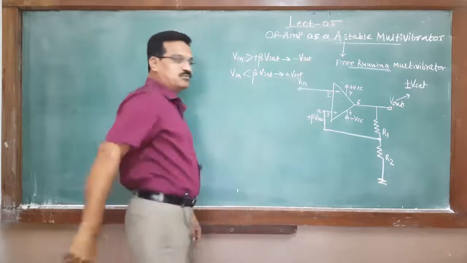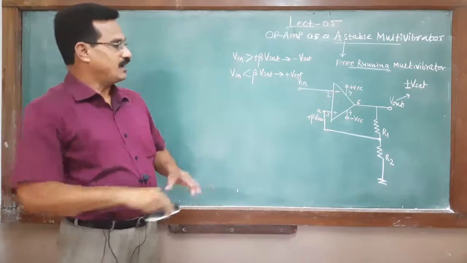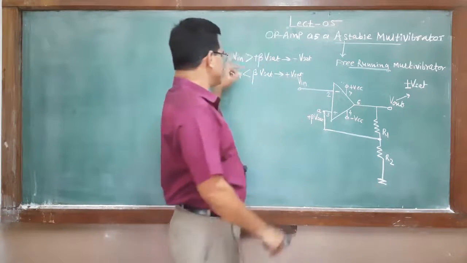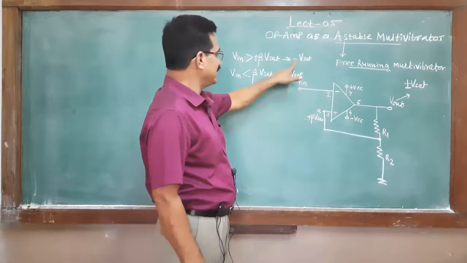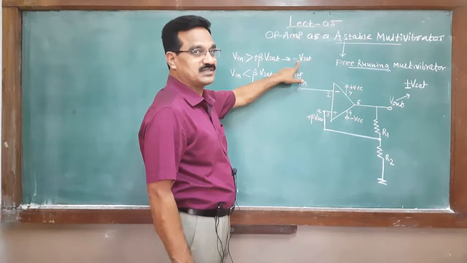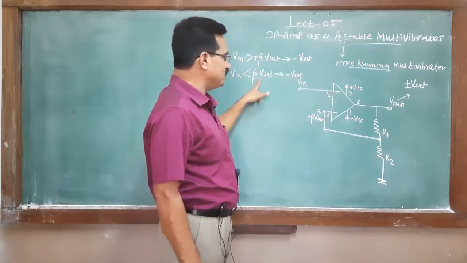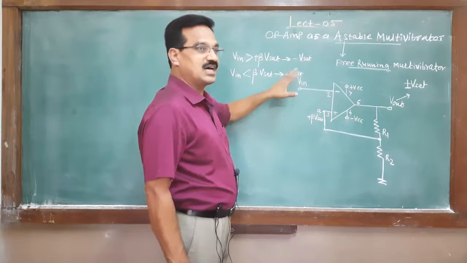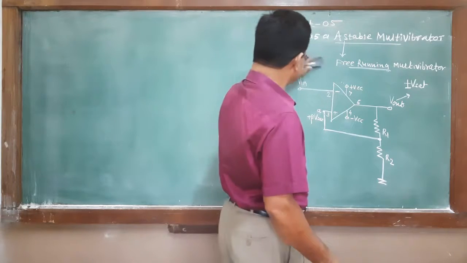Remember this. This is the application of this comparator as a Schmitt trigger. When this input is greater than this value, it goes into negative saturation, and when this input is less than beta into V saturation, it is in positive saturation. Remember these two states, they are very important.